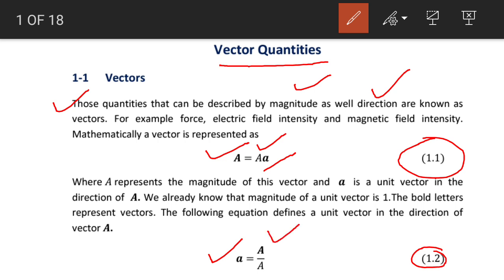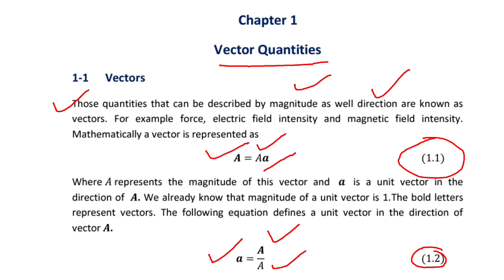So vector A divided by the magnitude of this vector will give you the unit vector in the direction of vector A. So this is how we represent a vector quantity mathematically.